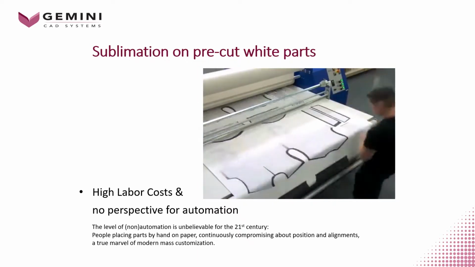So they cut white parts, and imagine, it's a purely manual process. You will see it later in my presentation. And the other way is to print the shapes on a fabric, on a long piece of fabric, and then cut it.